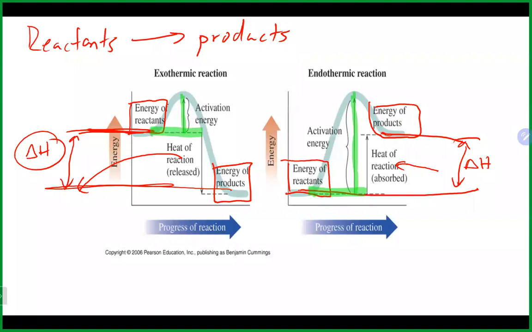Not so much on the exothermic reaction, as it has excess energy, if you want to think about that, and is able to release it overall. So there's probably going to be a greater proportion of molecules able to get up this hill than there would be here. And if you compare the two, your exothermic reaction may occur a little bit faster because of that lower activation energy. Any questions on that there?